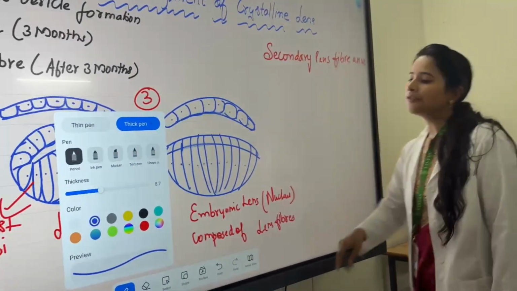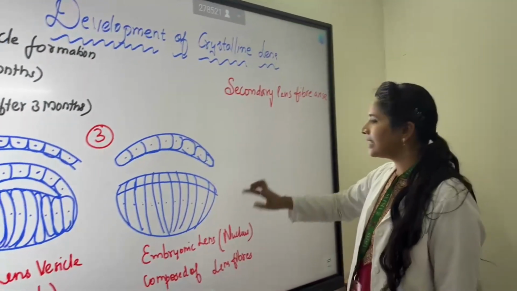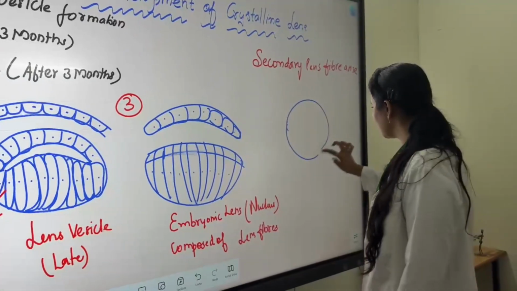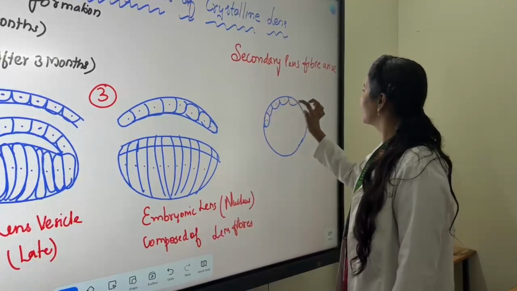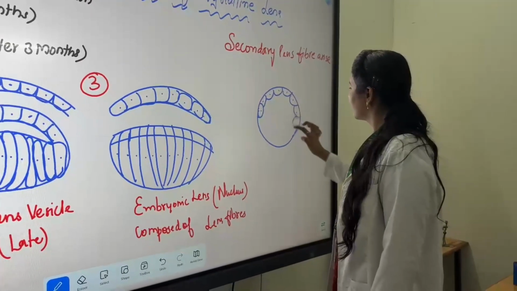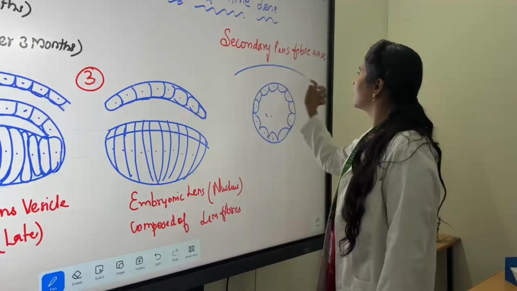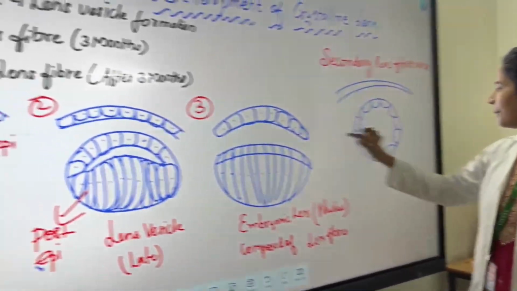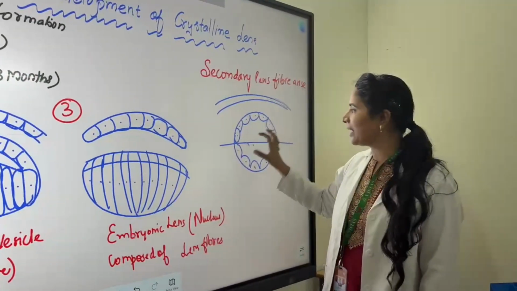Secondary lens fibers will come after 3 months. We have already seen this, let me draw the lens epithelium here. You know that this is the epithelium. In primary lens fibers, the posterior part of the epithelium will come forward and occupy the space here.